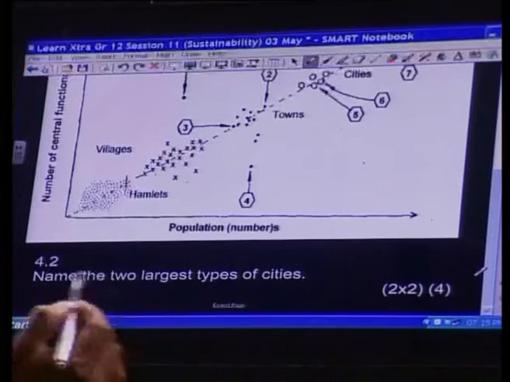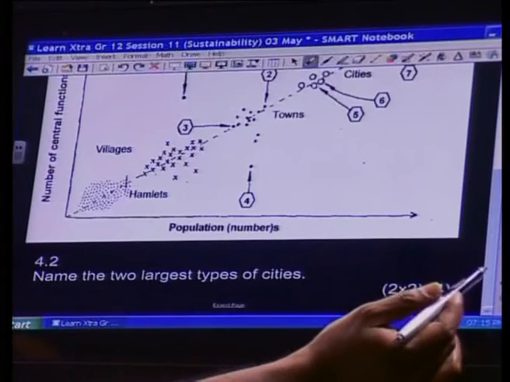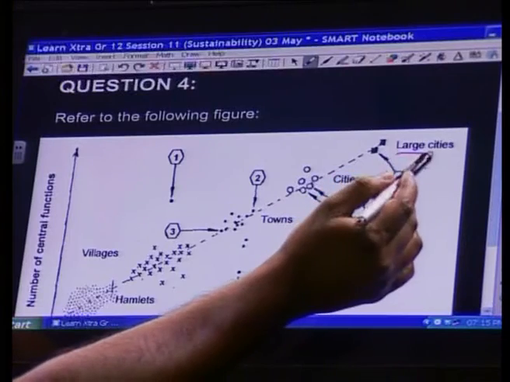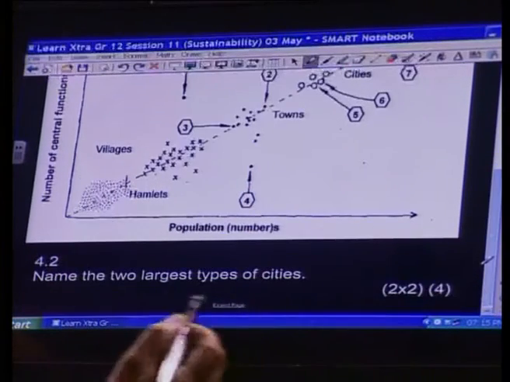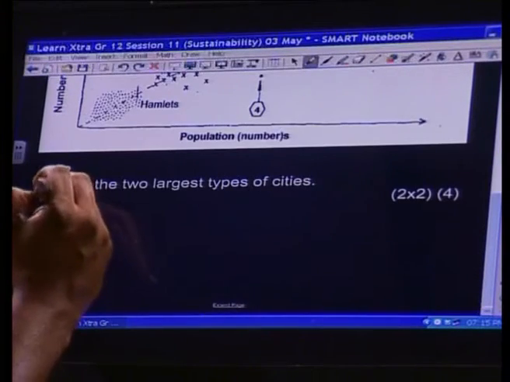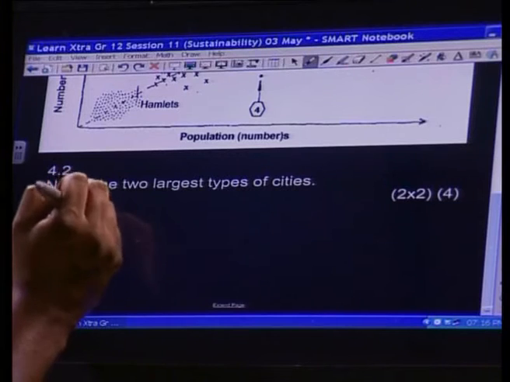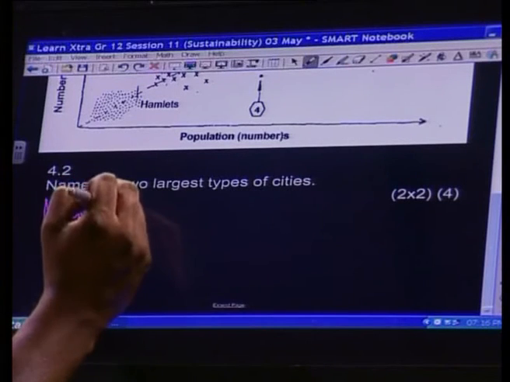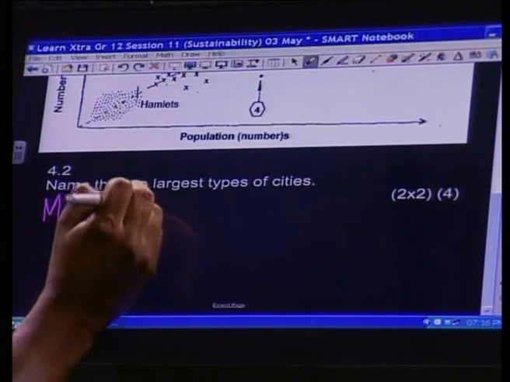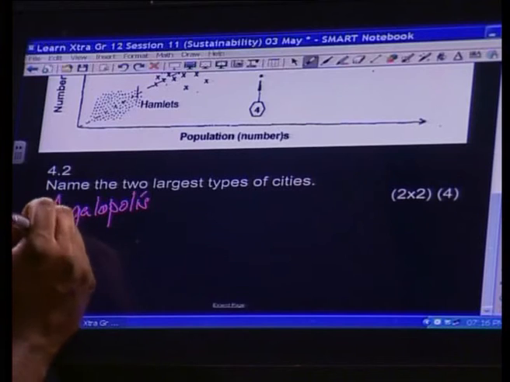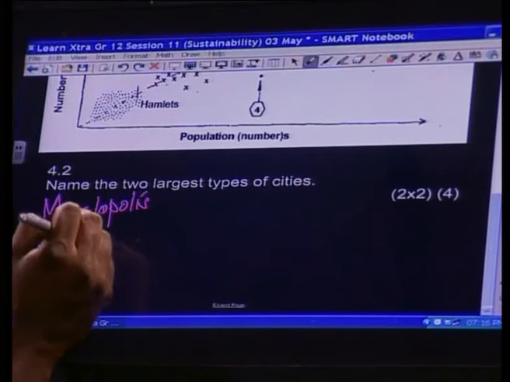Again, question 4, back to the graph. Name the two largest types of cities. Our largest types of cities are, the largest of all urban settlements is your megalopolis. And that is followed by your conurbation.